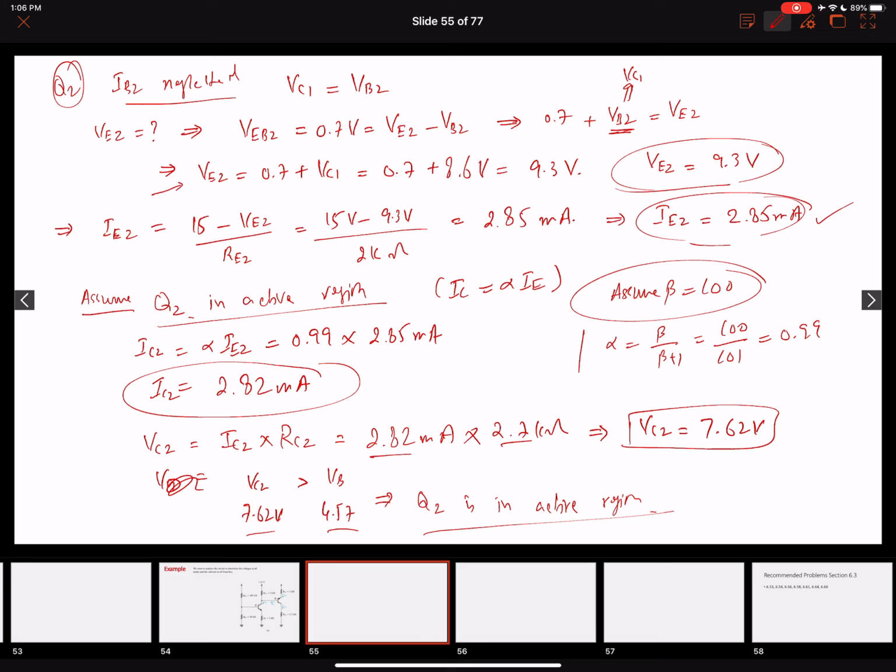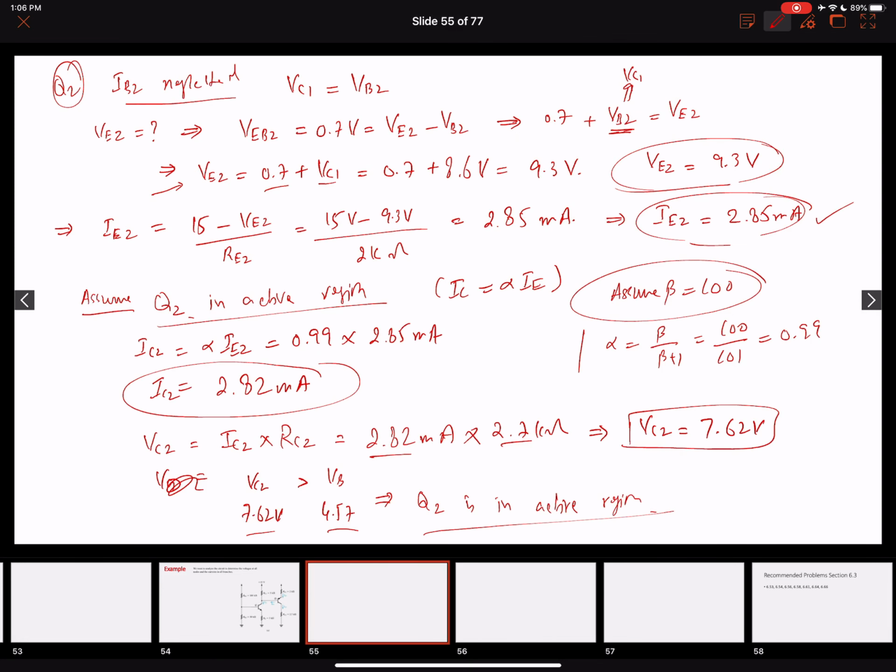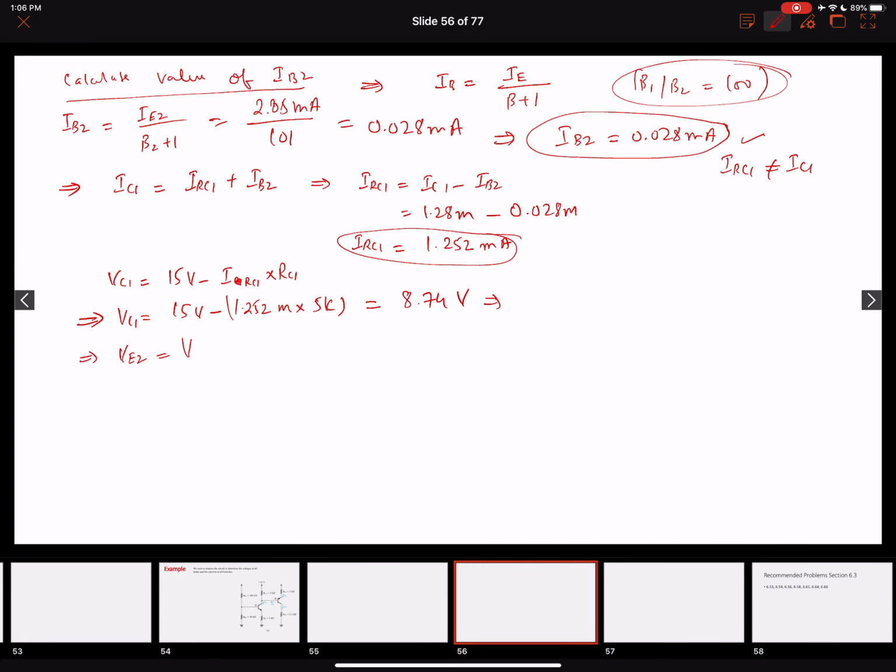So our VE2 is VC1 plus 0.7, which was VEB2 plus VC1, 0.7 plus 8.74. So the emitter voltage value will come out to be 9.44 volts. This is the new value of the emitter voltage.